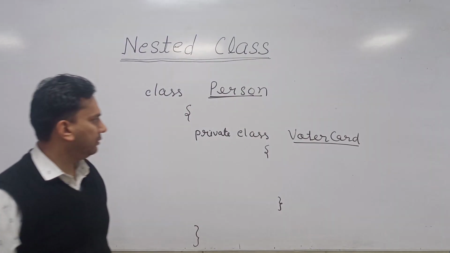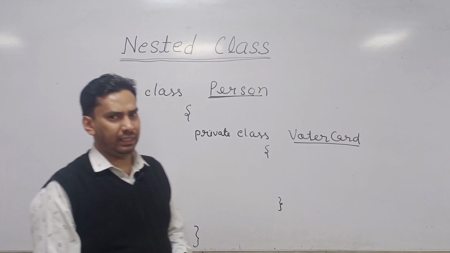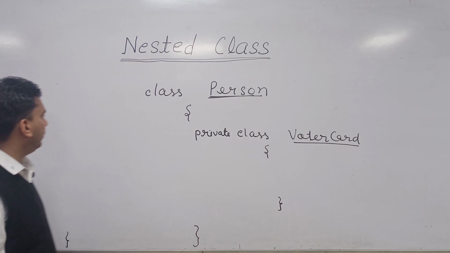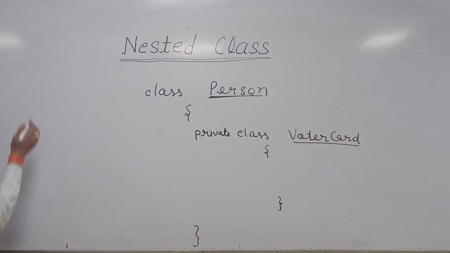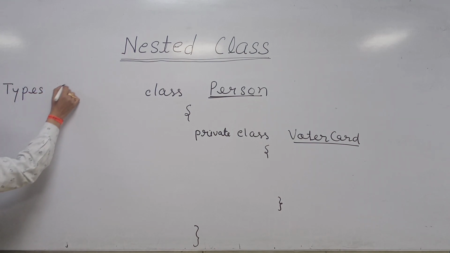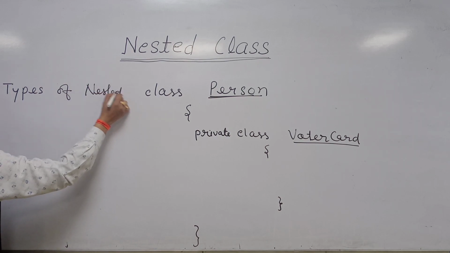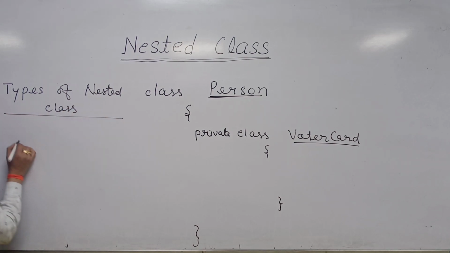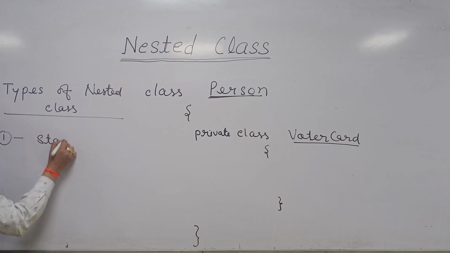So now we are going to talk about the different types of nested classes. Broadly, you can create two different types of nested classes. The first one is called the static nested class.